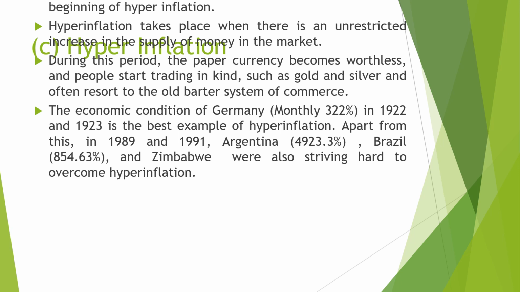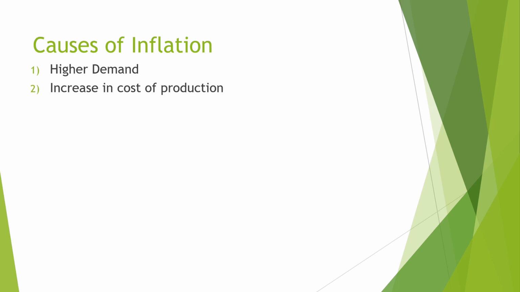The same thing happened in 1989 in Argentina when inflation rose to 4,923.3% per annum in a single year. In Brazil, the same kind of situation was there in 1991 when the inflation rate was 854.60% per annum. The same thing happened in Zimbabwe. Currency was actually removed from circulation and the government had to print new money.